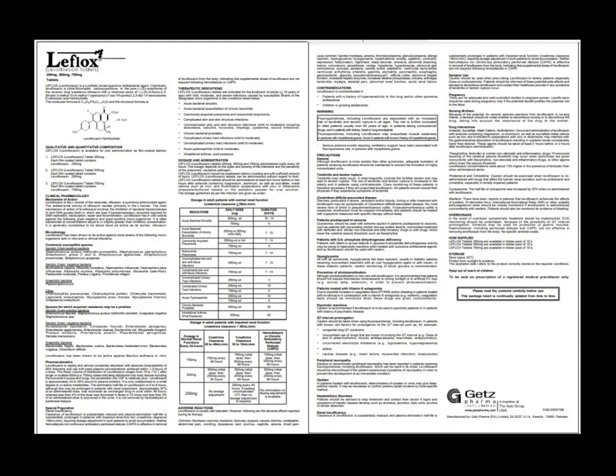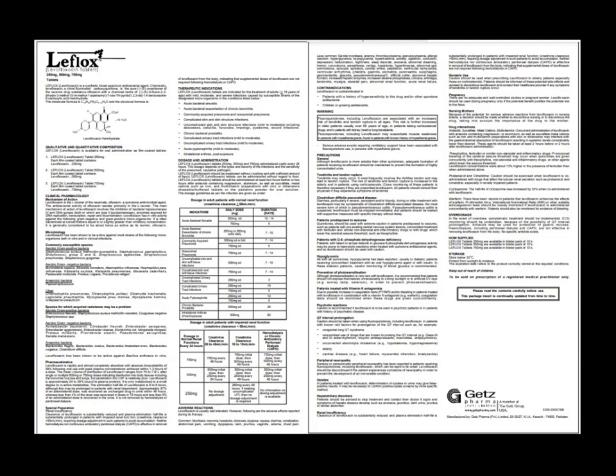For acute bacterial exacerbation of chronic bronchitis, 250 mg to 500 mg for 7 days. For community-acquired pneumonia, 500 mg given for 10 to 14 days or 750 mg for 5 days. For nosocomial pneumonia, 750 mg given for 7 to 14 days.